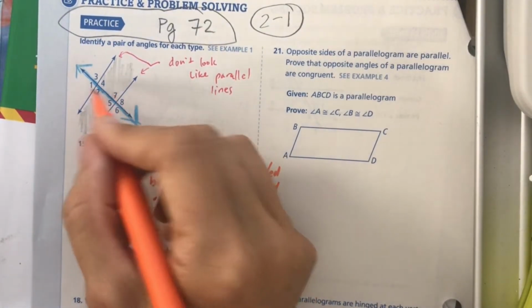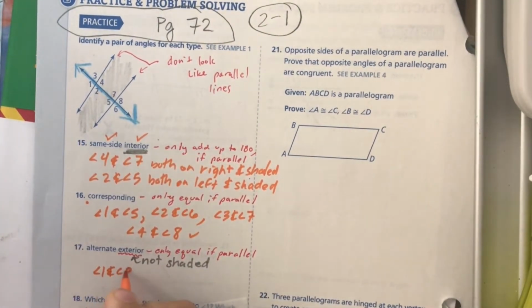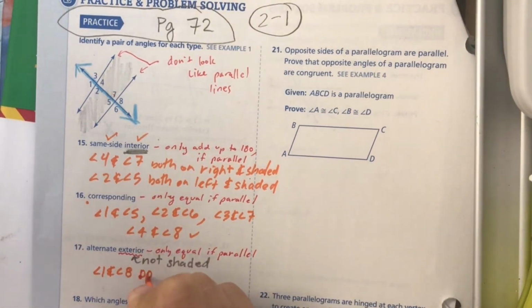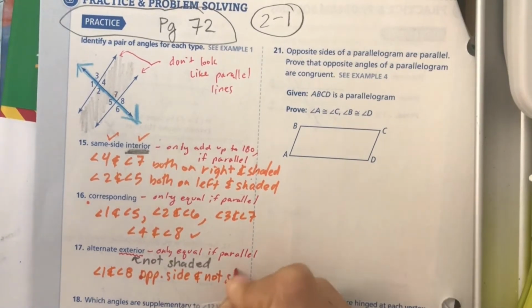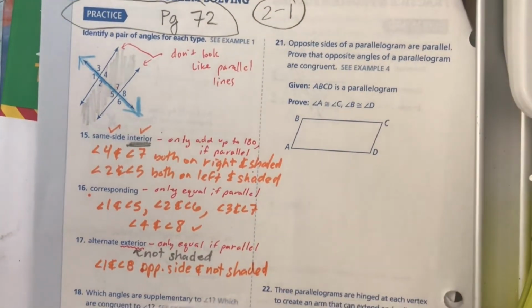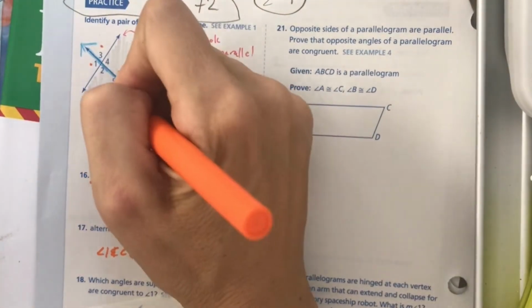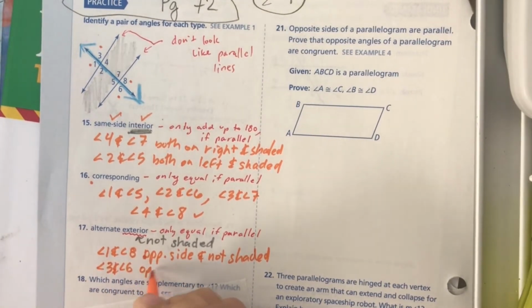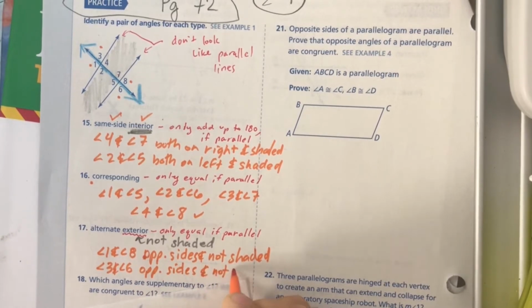So 1 and 8 are not shaded and they're on opposite sides. Okay. Who else? Looks like 3 and 6 are on opposite sides and not shaded. So those would be called alternate exterior.